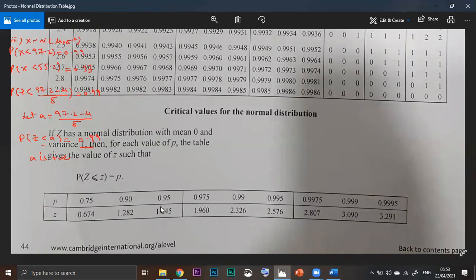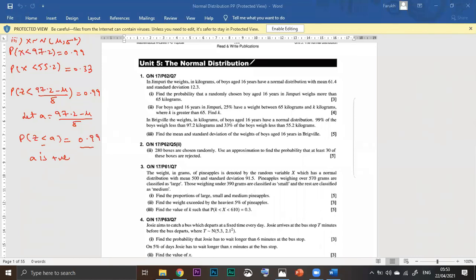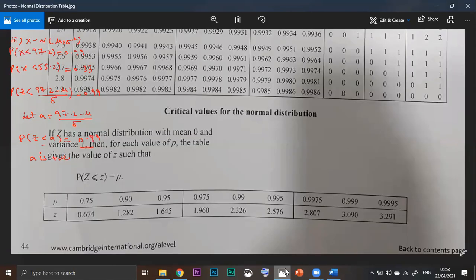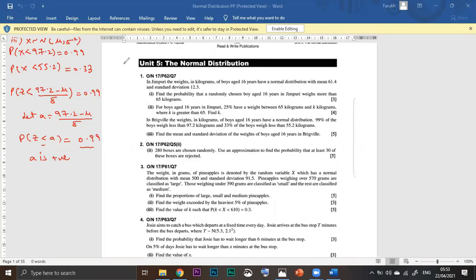So it is easy to use the more commonly used values from the bottom. What was the value? 2.326.